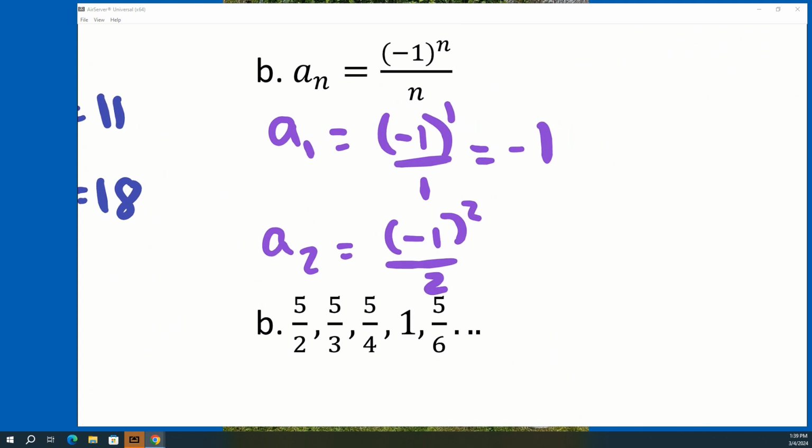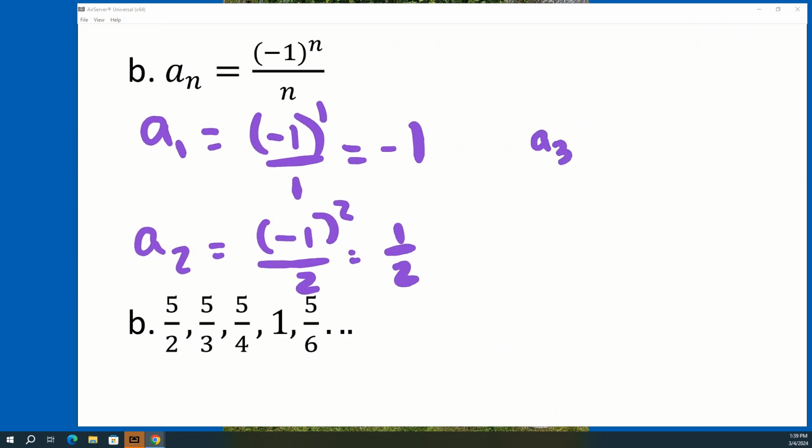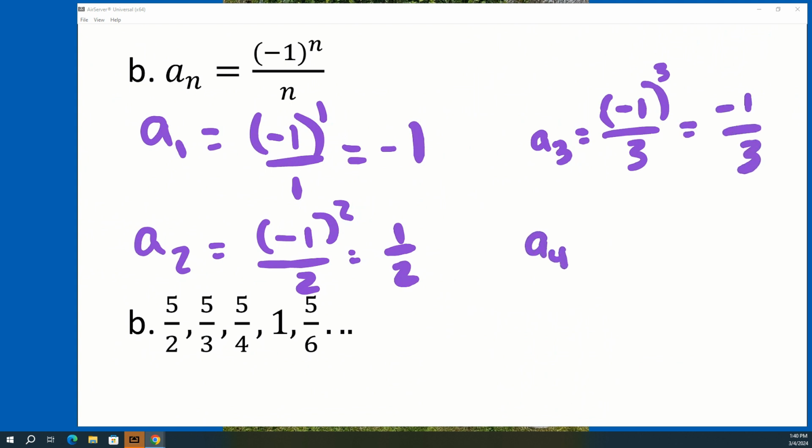What do you get when you square negative 1? Positive. A negative times a negative is a positive, so that's going to be positive 1/2. All right, and then we'll put 3 in for both n's. What about negative 1 cubed? So when you have a negative raised to an odd power, it's negative. When it's raised to an even power, it's positive.